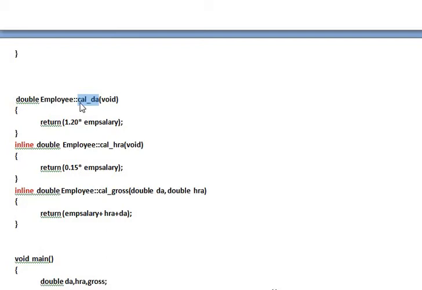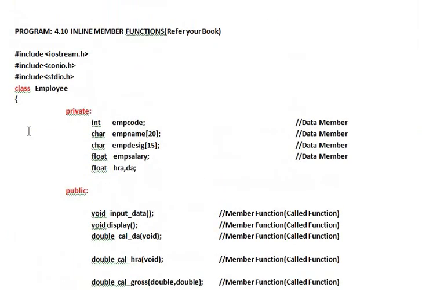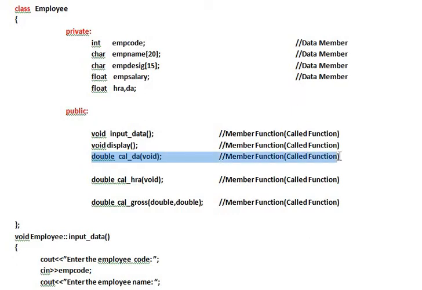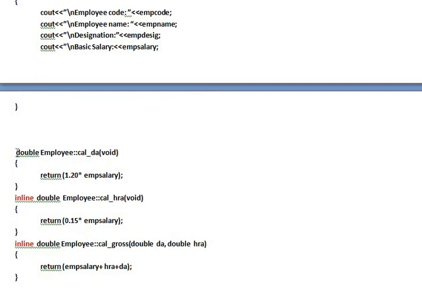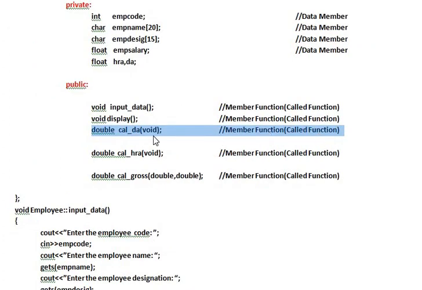In that case, when the control jumps from the calling function into the call function, a considerable amount of time is wasted, because jumping from the calling function into the call function incurs an extra overhead time, and that time needs to be minimized.